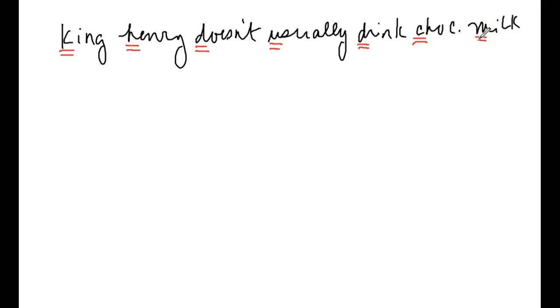So we have king, which is K, kilometer, Henry, which is H, hectometer, doesn't, D, decameter. The U stands for unit, that's the meter, the gram, the liter. Then we have a D, which is a decimeter, a C, which is a centimeter, and an M, which is a millimeter.